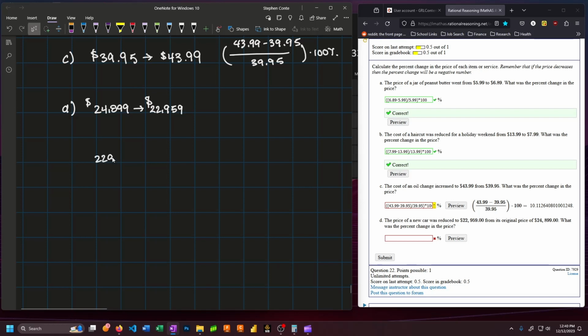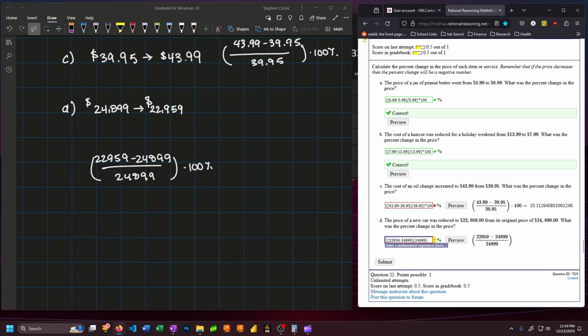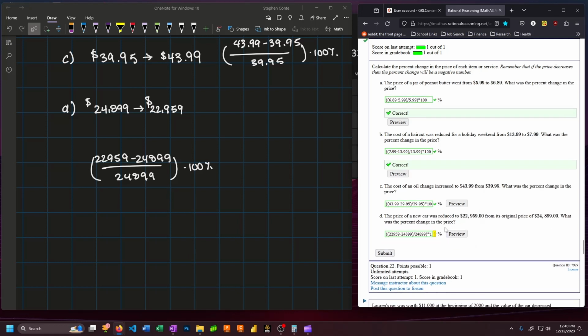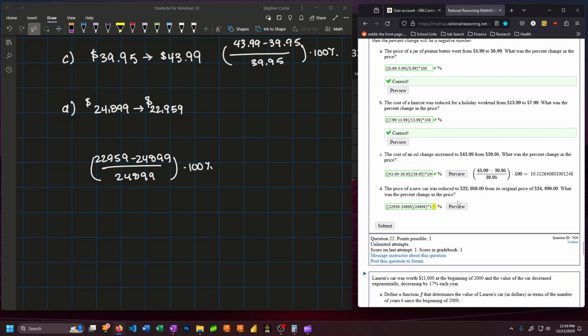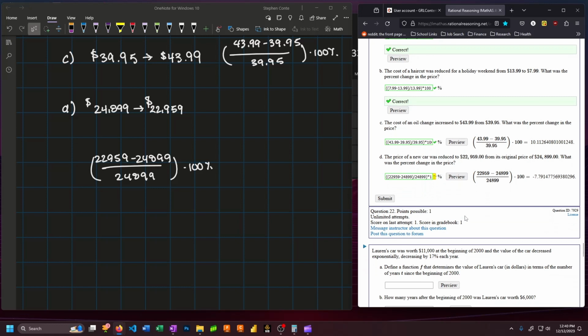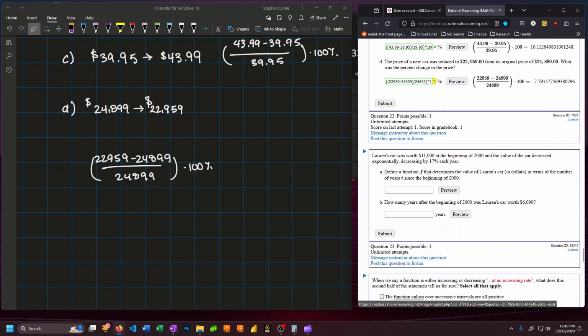So 22,959 minus 24,899 all over 24,899 times 100%. Okay, so this is a 10% increase for C, and this is a negative 7.79% decrease in D.